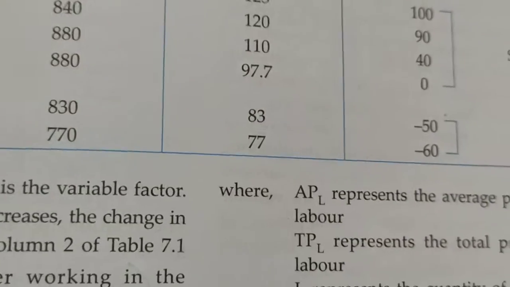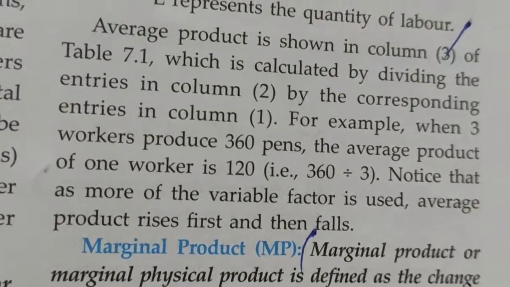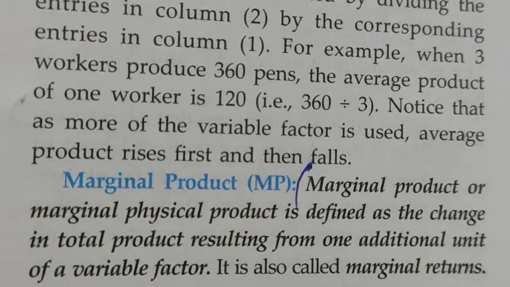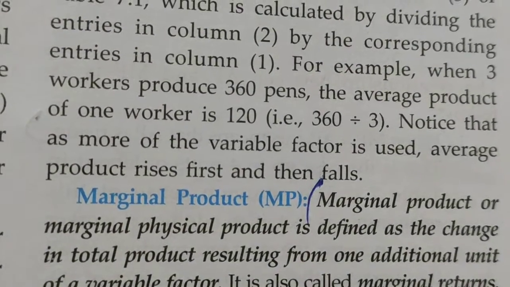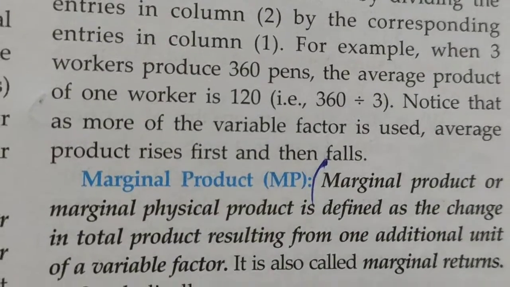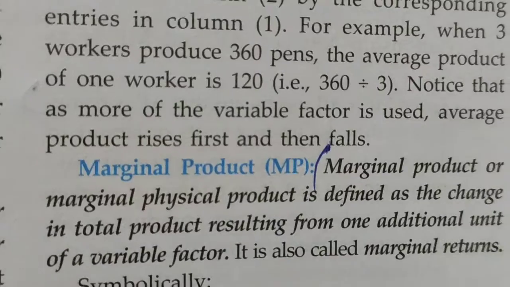Now I discuss the marginal product. What do you mean by marginal product? Marginal product or marginal physical product is defined as the change in total product resulting from one additional input of a variable factor.